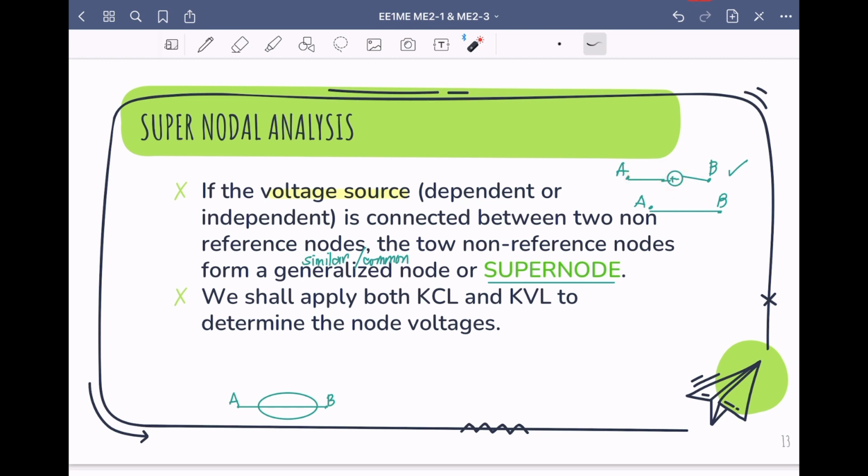Okay? And if these two nodes, okay, has voltage source lamang, we can call this a supernode because we can short circuit. Okay, we can short circuit the voltage source, and then it becomes a supernode or it becomes a common node or a generalized node.